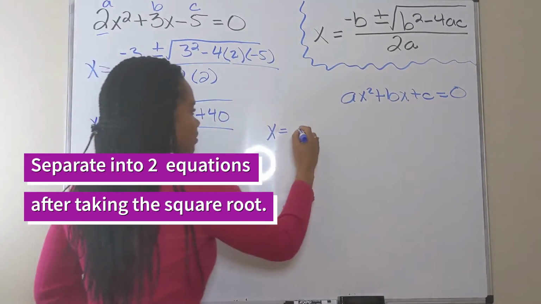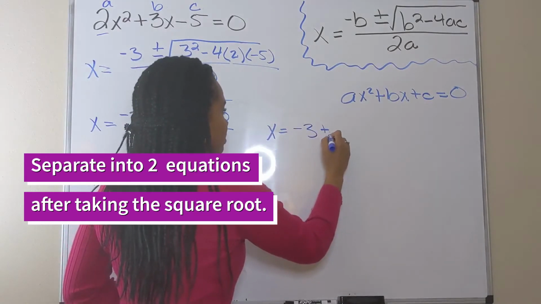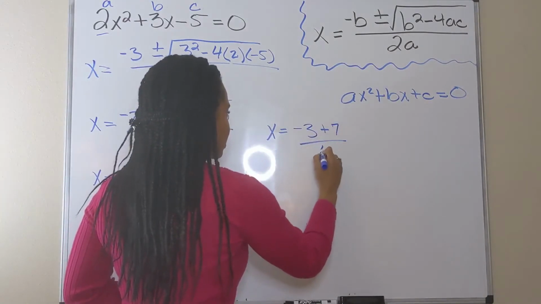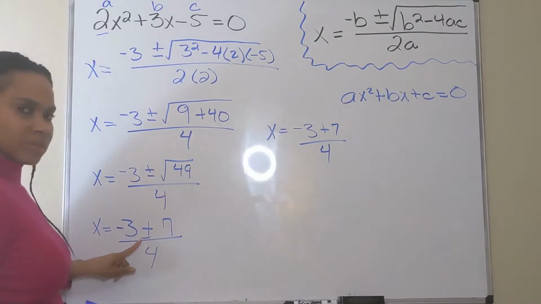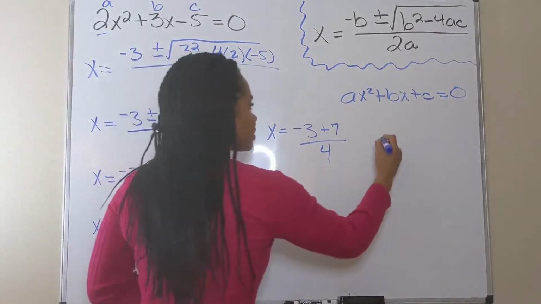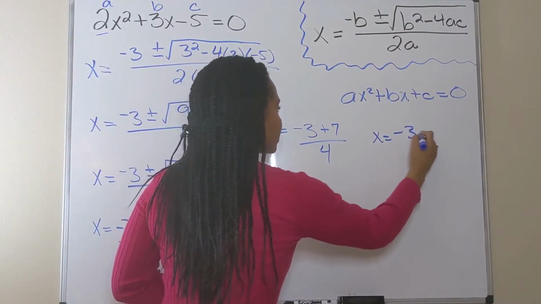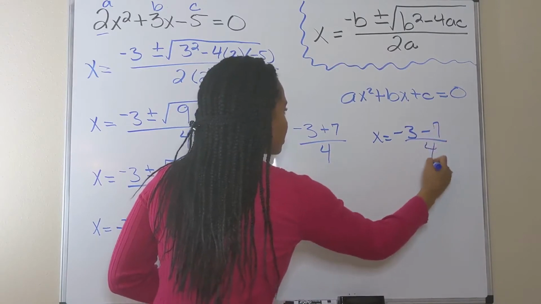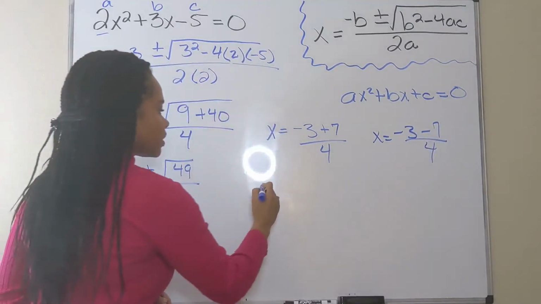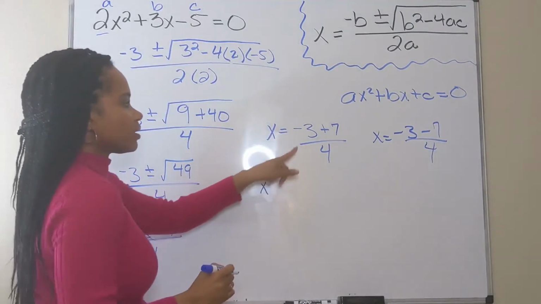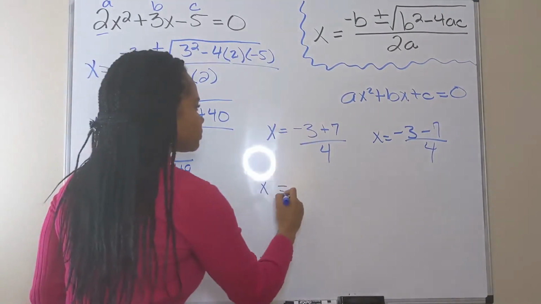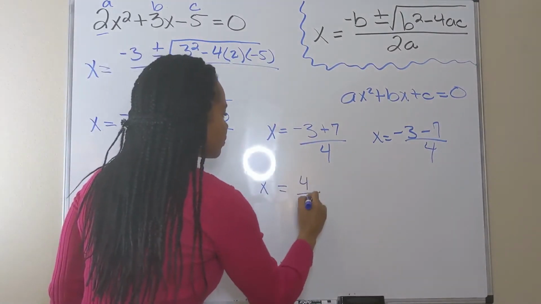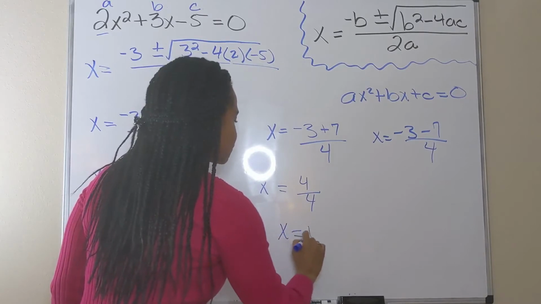So that's going to be negative 3 plus 7 over 4, and I want to use the minus. X equals negative 3 minus 7 over 4. All right, so just simplifying it, negative 3 plus 7, that is 4 over 4, which reduces to 1.